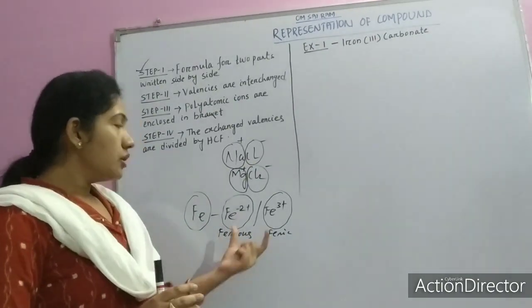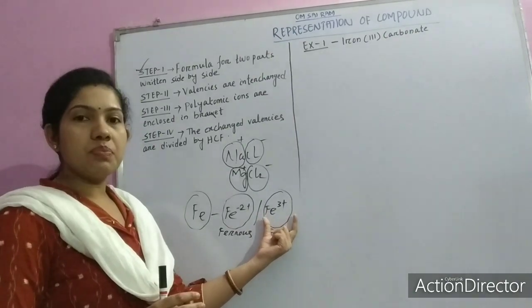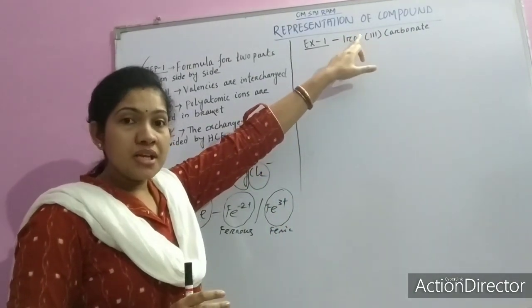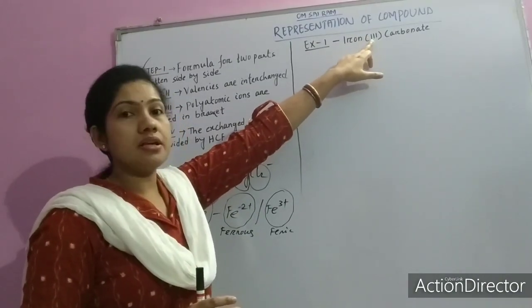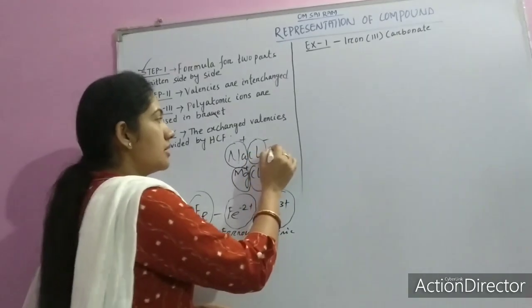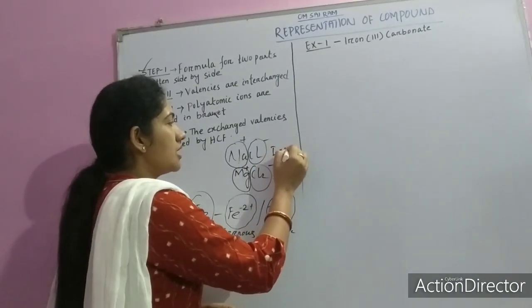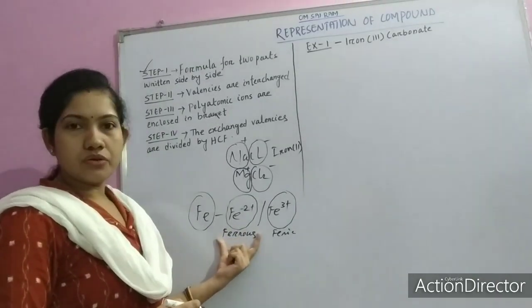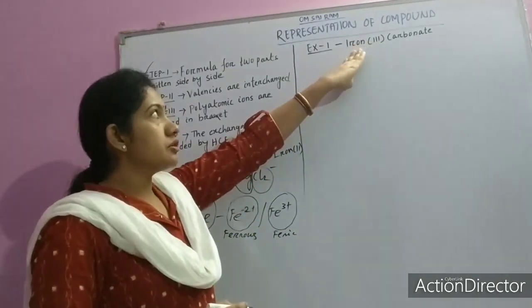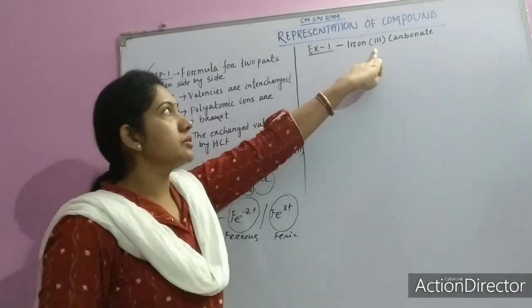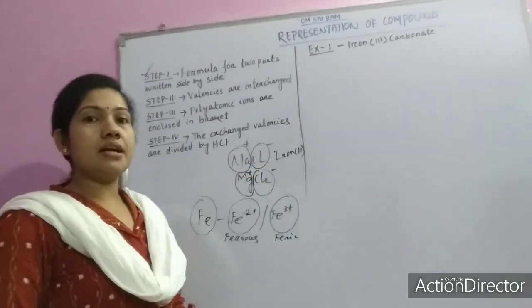Here we are talking about iron 3+, meaning this iron will lose 3 electrons. That's why in bracket 3. Sometimes you may also find iron in bracket 2, which means we are talking about ferrous. Here we are talking about ferric carbonate. Iron 3 carbonate means ferric carbonate.